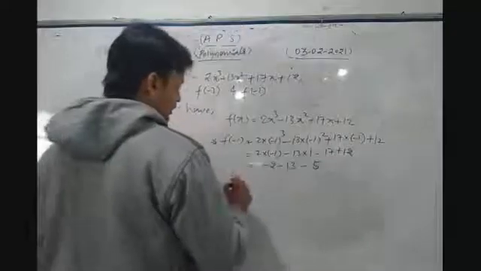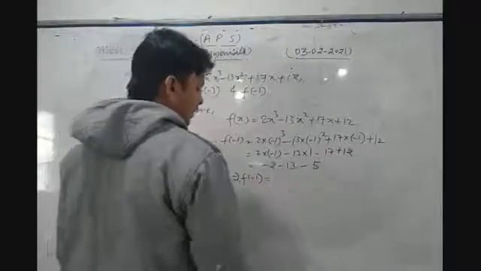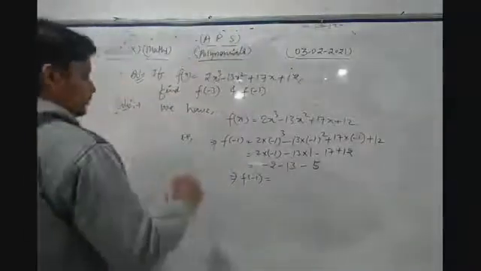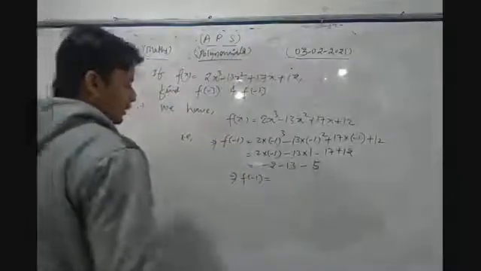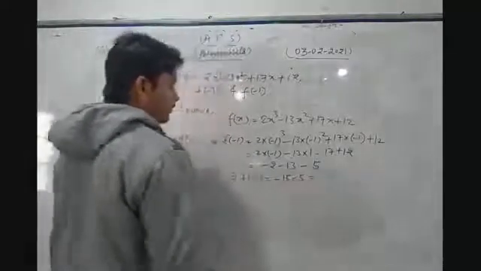So now f of minus 1 is equal to, all are adding, so we get minus 15 and minus 5. Minus 15 minus 5 is what?